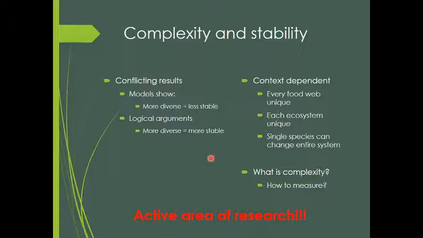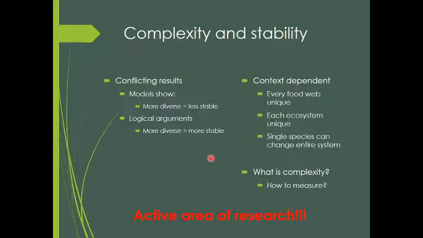And then when you get back to this question of how complexity, connectance, or diversity of a food web changes its stability, what is a more complex food web? Generally you would expect the more species you have, yes, that would increase complexity. But is a more connected food web more complex, or is a less connected food web actually complex?